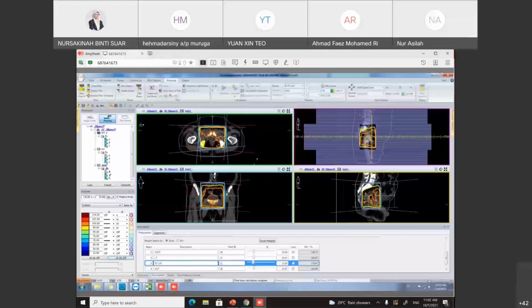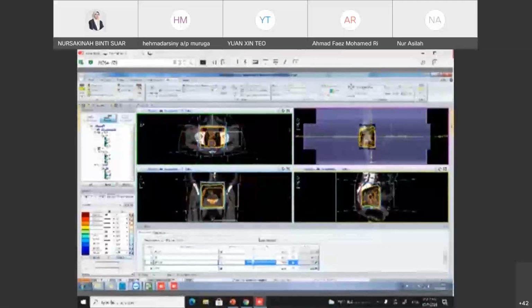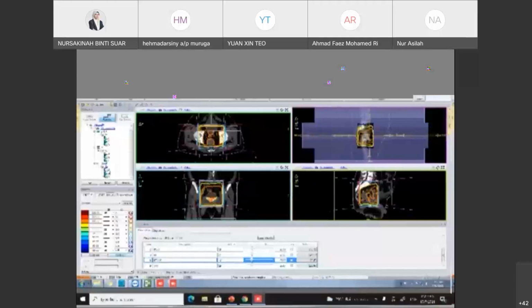I'm not really satisfied with this plan, because you see my doctor contoured the PTV, the yellow color, and this prostate is actually at 95% coverage, but you can see from the sagittal view the anterior compared to the posterior.